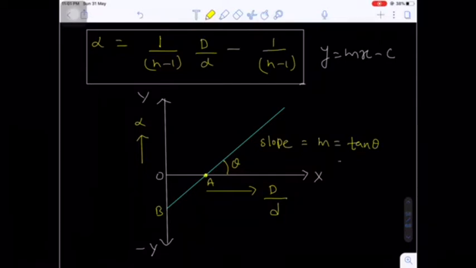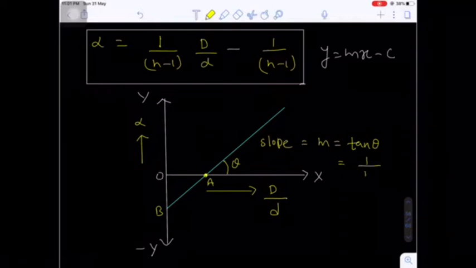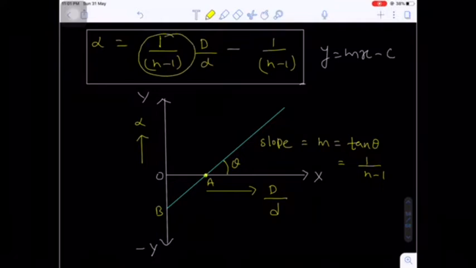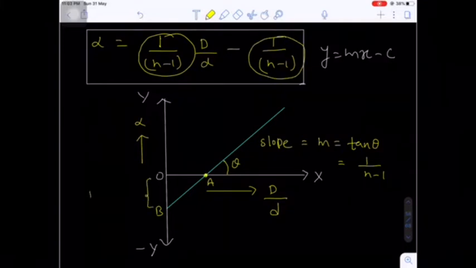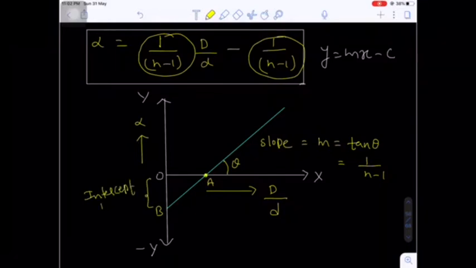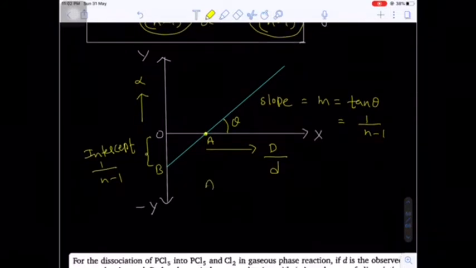What is the slope of the straight line here? 1 upon n minus 1. And what is the intercept here? This is the intercept, that is 1 upon n minus 1.